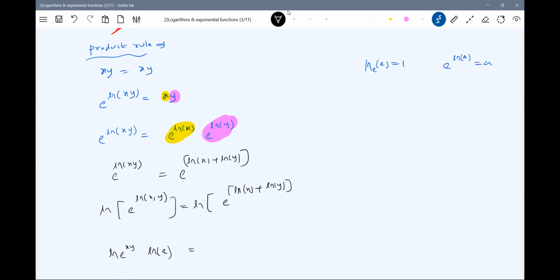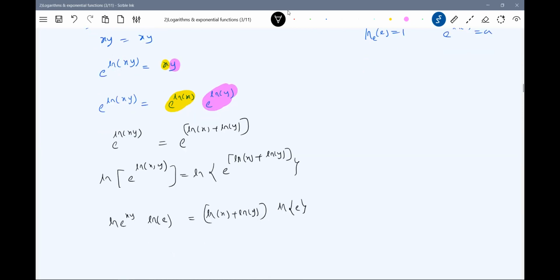And this will become log x plus log y. Log e to the base e should be equal to 1, and log e to the base e on this side should also be equal to 1.